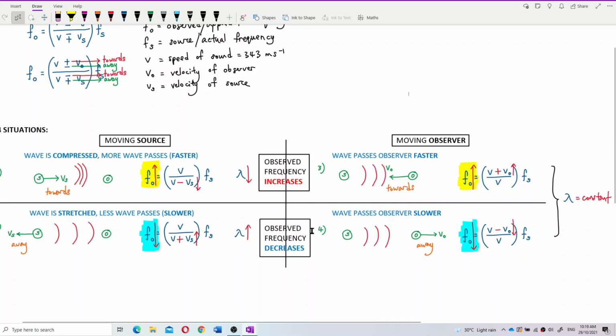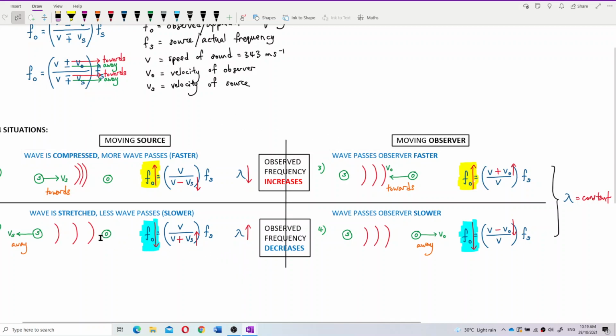Okay, so in short, no matter whether it's the source moving towards or the observer moving towards, the observed frequency should always increase.